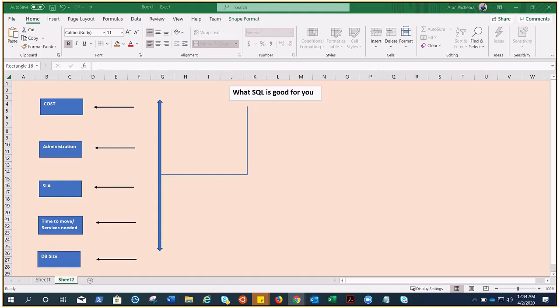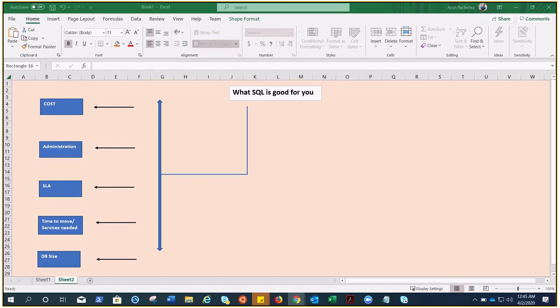Go for the PaaS services, SQL database services, go for the microservices and those kinds of things. But in case of migration from on-prem to Azure, you need to decide which would be the best option for you so that your on-premises application can work on Azure with the new SQL. Okay, so these are a few things that can help you decide.